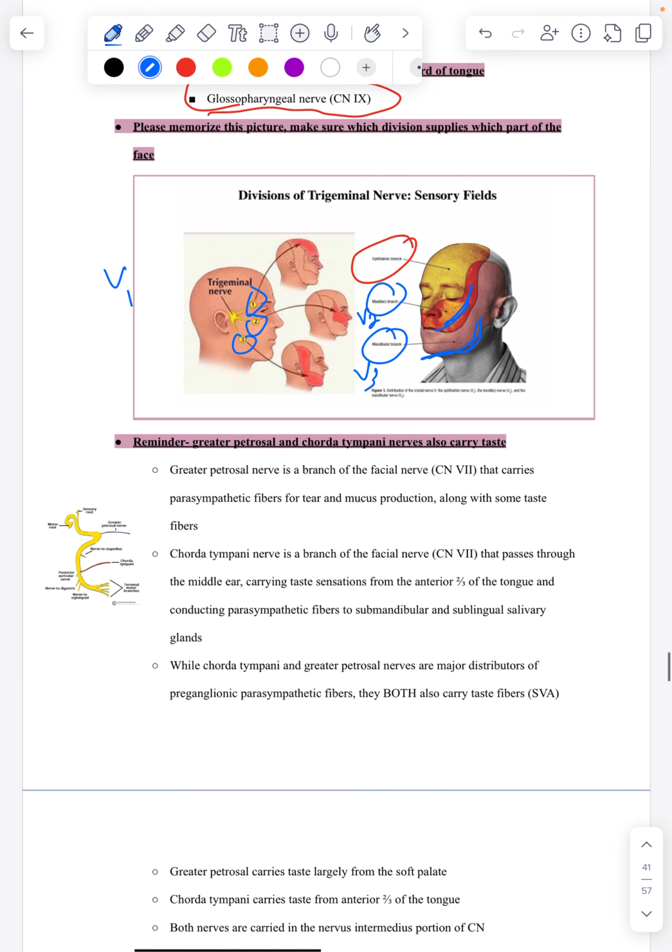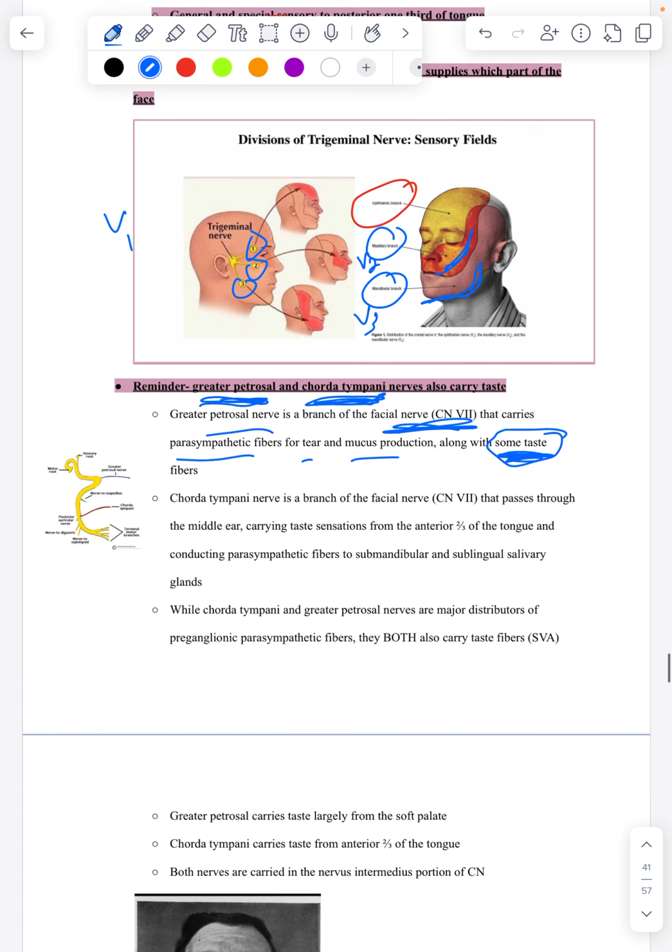For taste, we talked about the chorda tympani. There's also a nerve called the greater petrosal nerve, which plays a small role, I would say, in taste. It's a nerve also from the facial nerve, carries parasympathetic for tear and mucus production, and some taste fibers. So not a huge or significant role, but it does play a role.